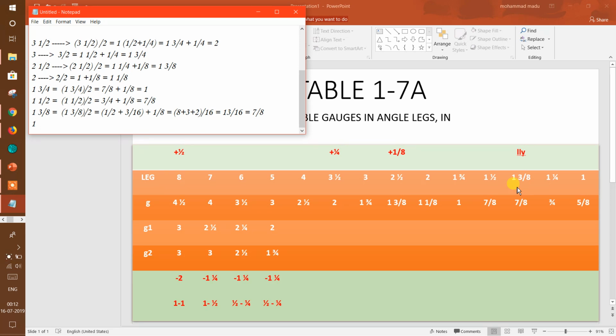And coming to 1 by 4 equal to, do this one as well. Plus 1 equal to 6 by 8 and 3 by 4.